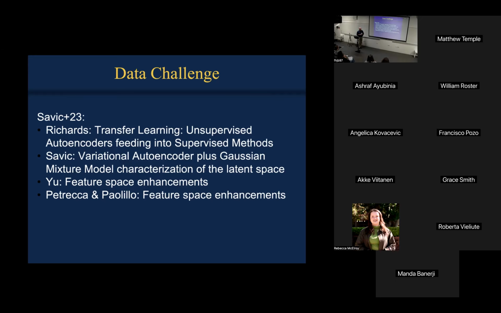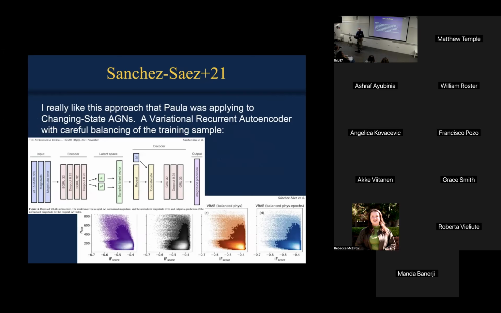I know I'm bouncing around here, but these are topics I want to talk to people about. Weizhang Yu added feature space enhancements. That's the simplest way I can explain it. Vincenzo and Maurizio were also adding feature space enhancements. And these are all things that we can be working on together.